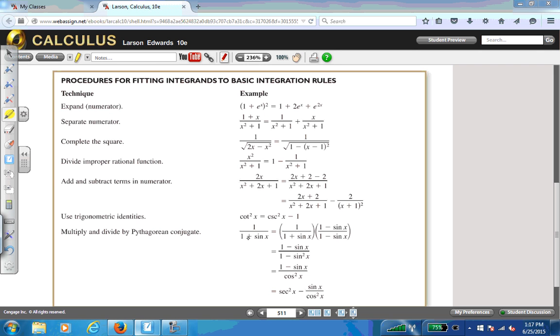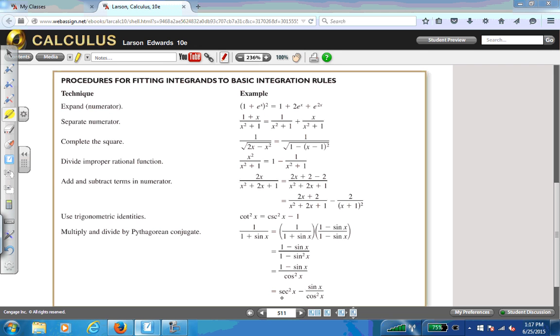Notice in this case, if we multiply top and bottom by 1 minus sine, 1 plus sine times 1 minus sine will give us 1 minus sine squared. There's an identity for that. 1 minus sine squared and cosine squared are the same. And that gives us something we can end up integrating. In this case, you could divide both terms by cosine squared. 1 over cosine squared is secant squared.